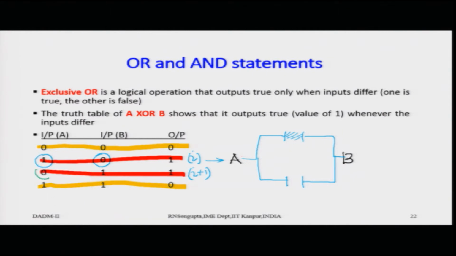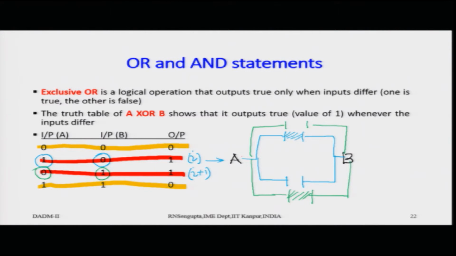The first one is off, the second one is on, so again the current flows from A to B. So, that takes care of the red marked one, where opposite inputs from two different sources give you the output as positive, or 1.